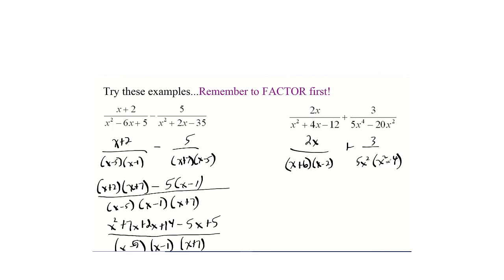And actually, this will factor even further. Did I do that right? Yep. So 2x over x plus 6, x subtract 2, plus 3, over 5x squared, x take away 2, x plus 2. Difference of squares on that.